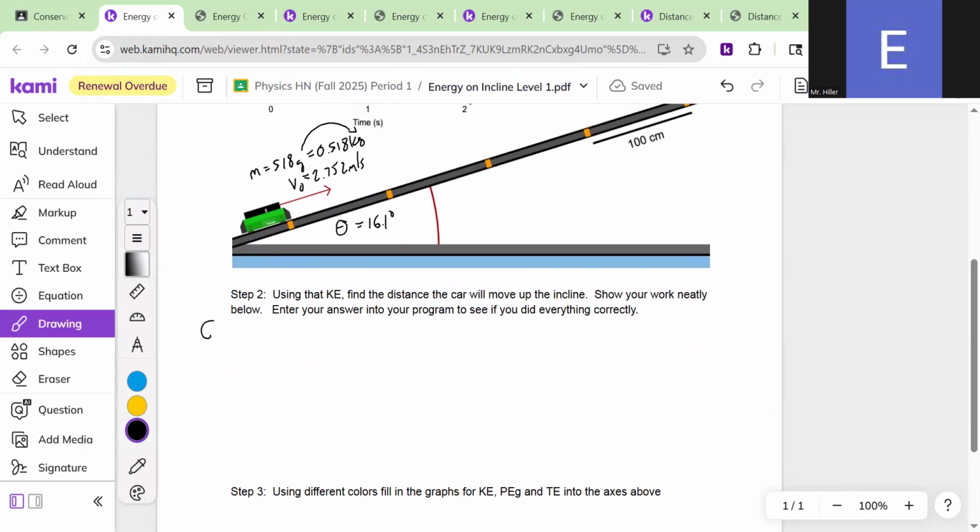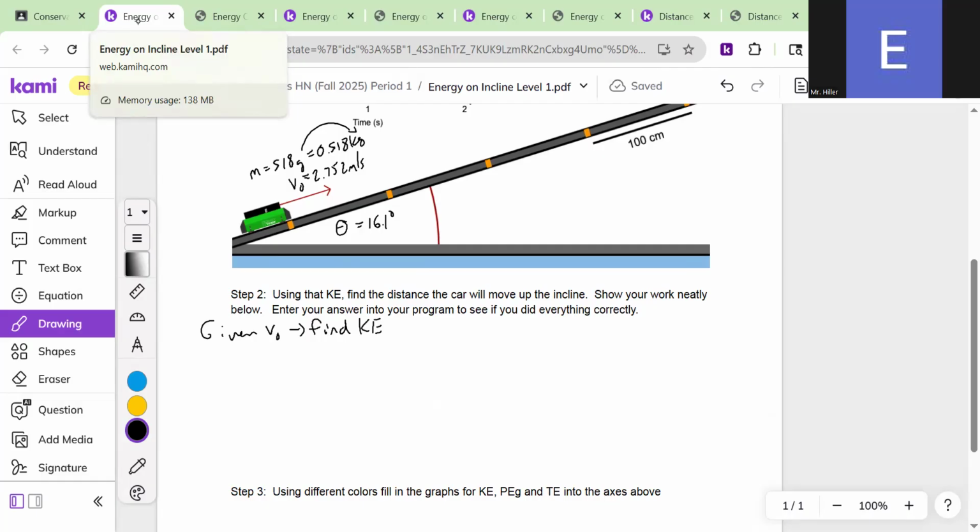We're given the speed, we're given V naught, which means we can find the kinetic energy. Now, we know that kinetic energy is going to transform into potential energy at the highest point.